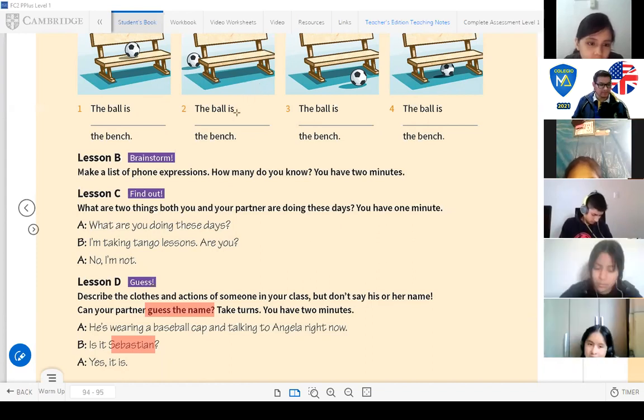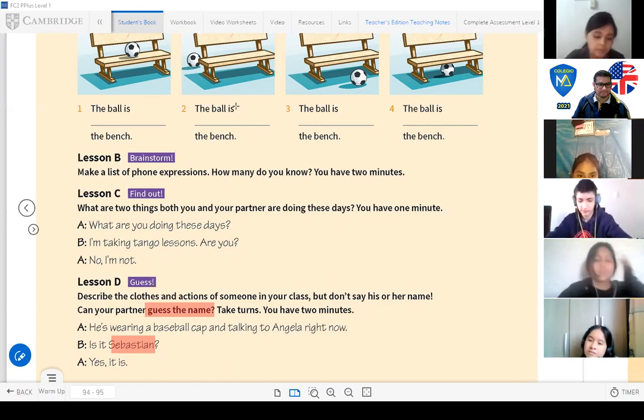She's wearing a black sweater and she's wearing white headphones. Tell me who's the person.